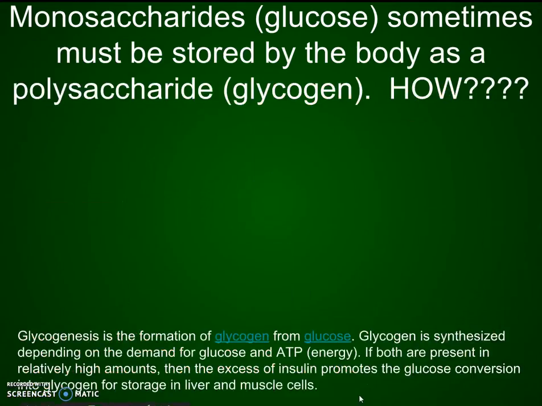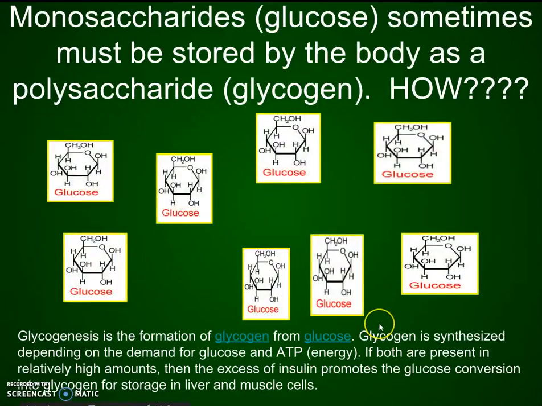So what we have is a couple of reactions here we're going to cover. First of all, monosaccharides, which are glucose, we're going to say for now, need to be stored by the body. So you eat whatever, sugars, starches, whatever you eat as far as carbohydrates, and your body breaks them down, and so they're all here, individual glucose, but you don't need them now.